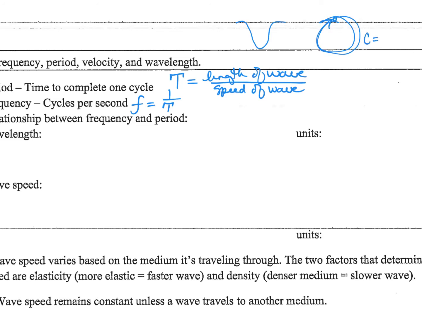Circumference, isn't it? Length, not degrees. And circumference is 2 pi r over the velocity, the speed of a wave. So it's 2 pi r over v. Well, frequency is just 1 over the period, so it actually becomes the velocity divided by 2 pi r, doesn't it?